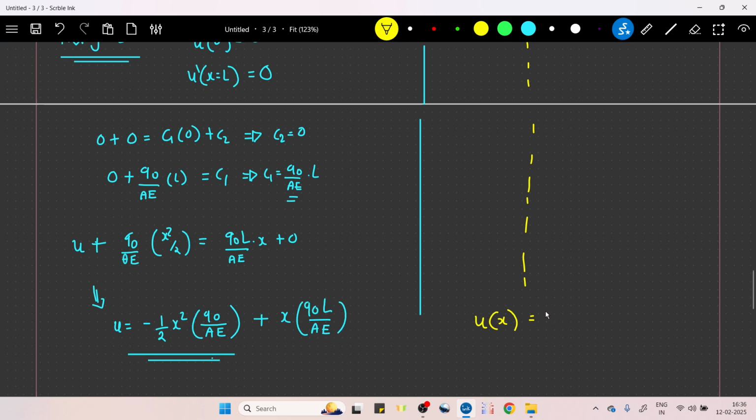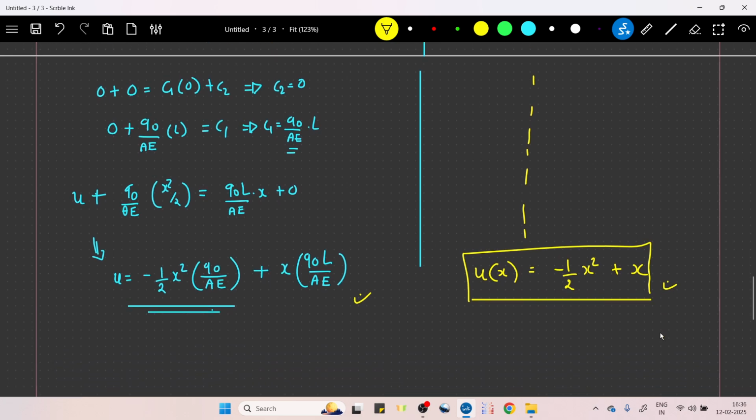So u is equal to minus 1 half x square plus x. This will be very easy to plot, and further I think we'll be using this most simplified form for deriving our FEA equations.